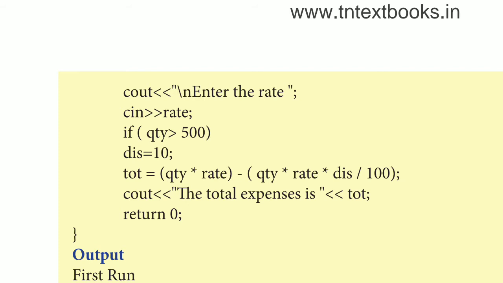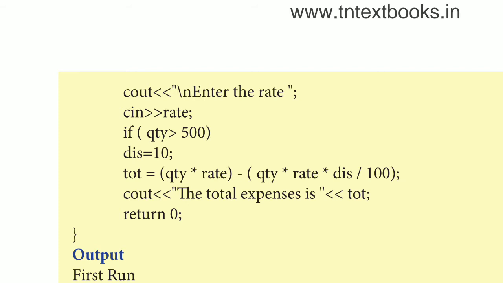Next, the condition is checked: if the quantity is greater than 500. If the person is purchasing more than 500 kgs of something, then discount is equal to 10.